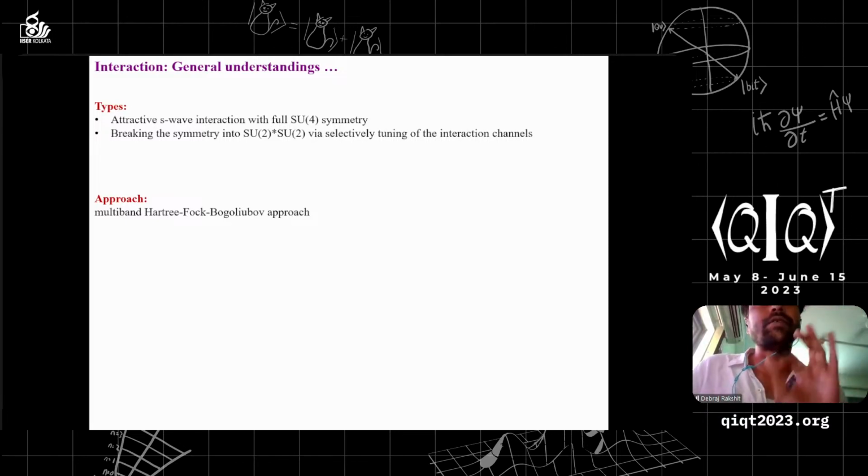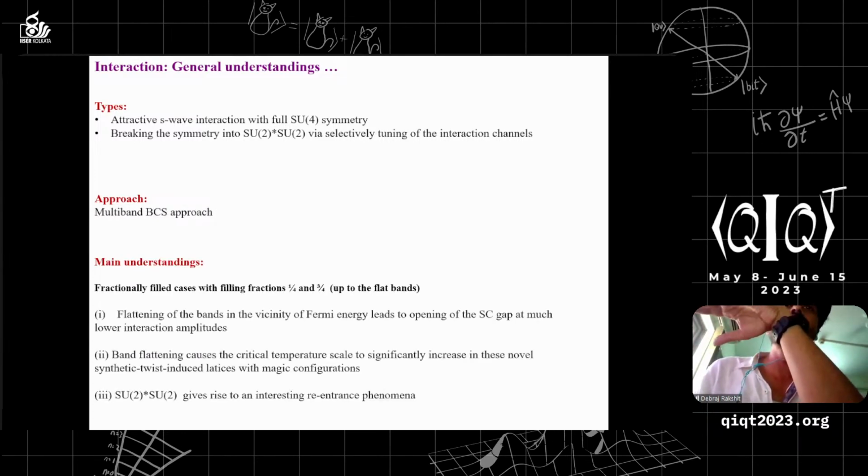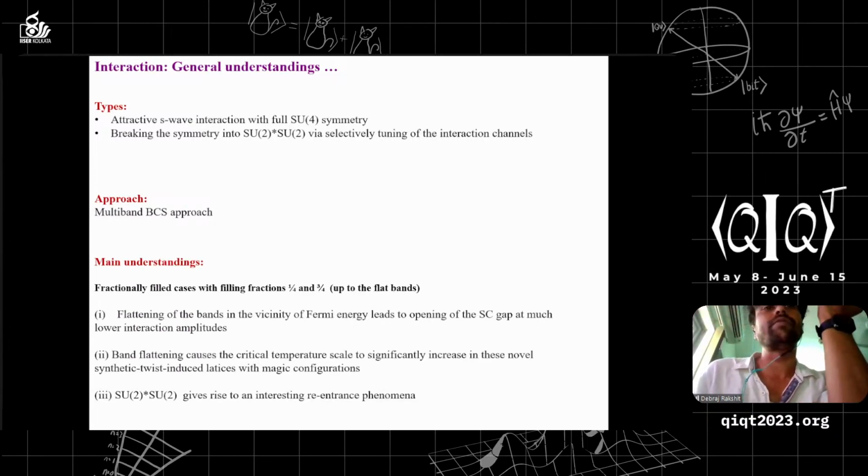Let's say that we don't. But then it's very complex, but you can do something like multiband Hartree-Fock, Bogoliubov-Fock type approaches. You will have to compromise on your correlations here, but it will give you at least some hints on superconductivity. So we have started with fractionally filled cases, in the bands like 1/4 and 3/4.